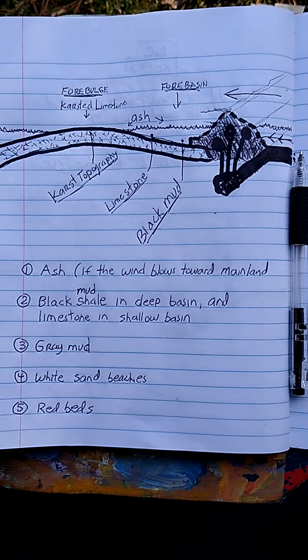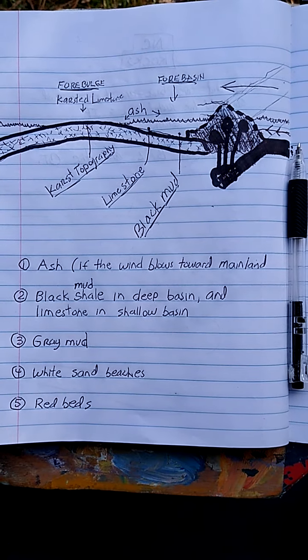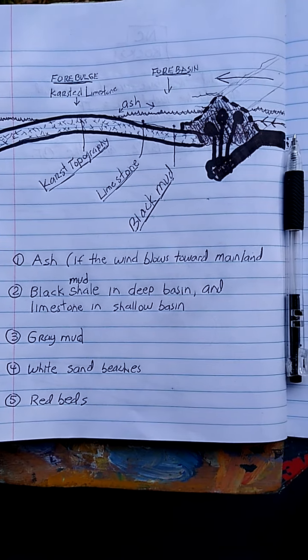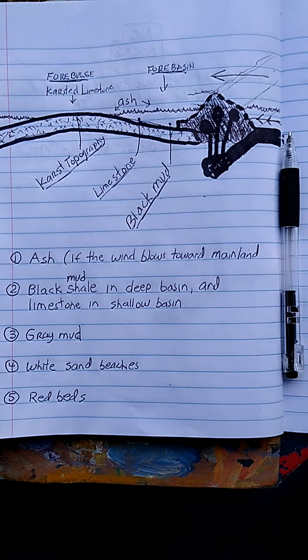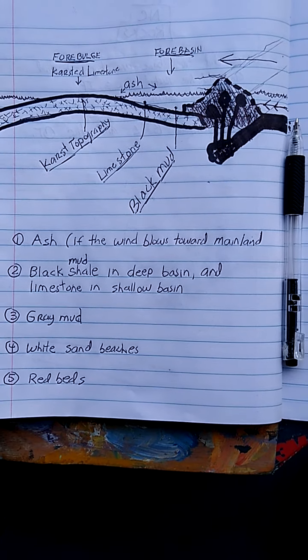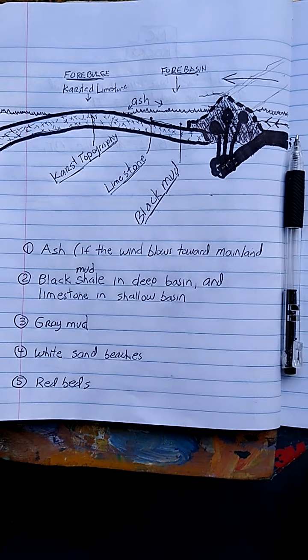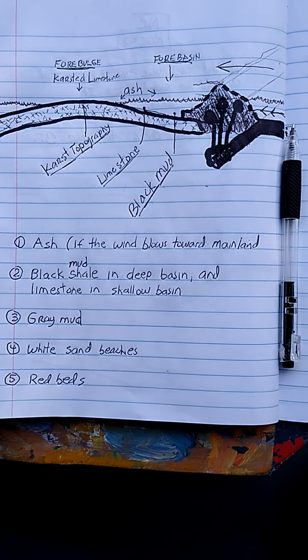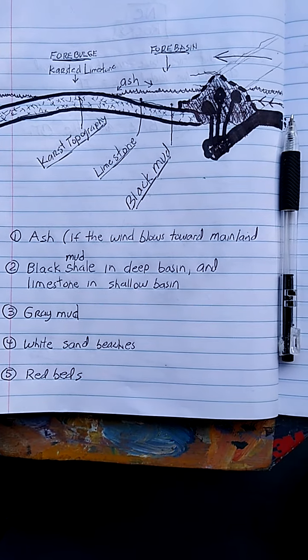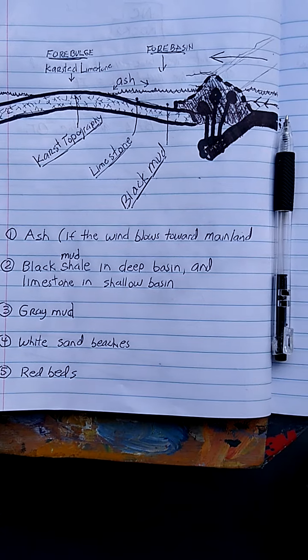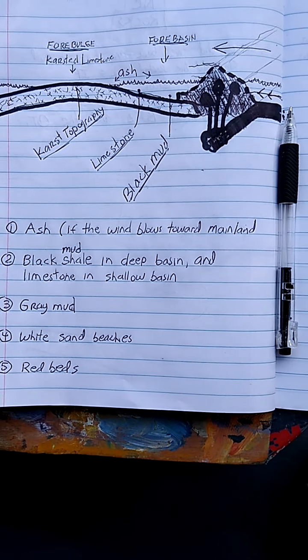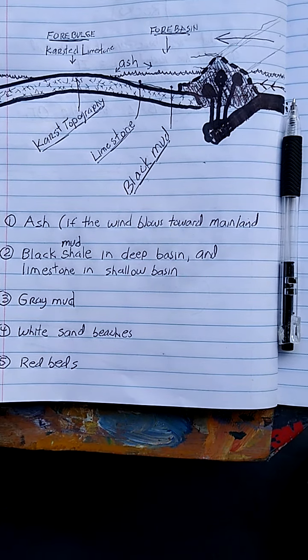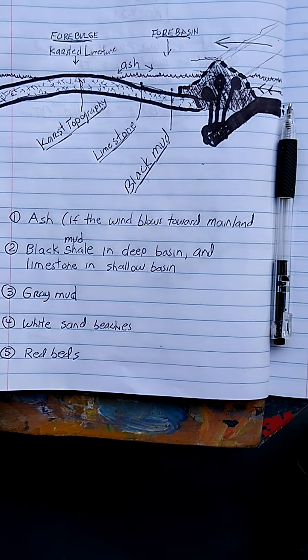An example of this layer of ash in Georgia is the Millbrig bentonite. Bentonite is a special kind of clay that forms from volcanic ash deposits, and it's a clay that expands mightily when it's wet, and shrinks mightily when it's dry.